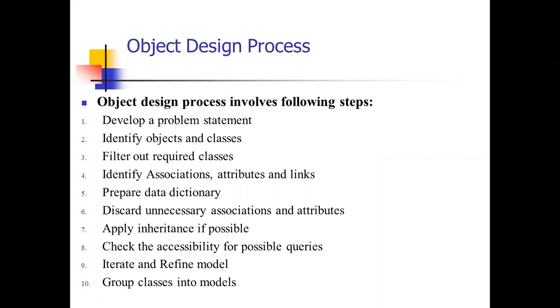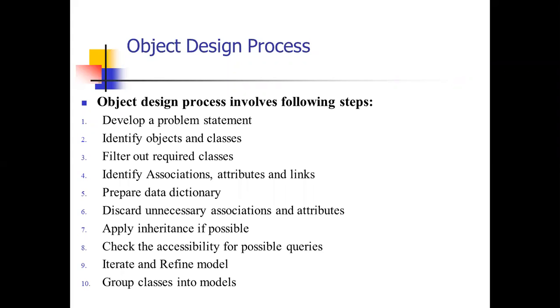Based on the classes, we form the tables considering the attributes or parameters. Then we discard the unnecessary associations and attributes. Then we apply inheritance if it is necessary or possible.